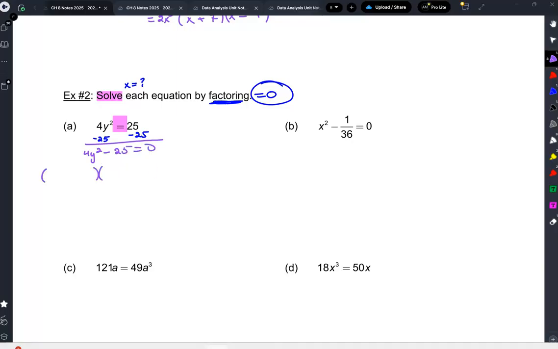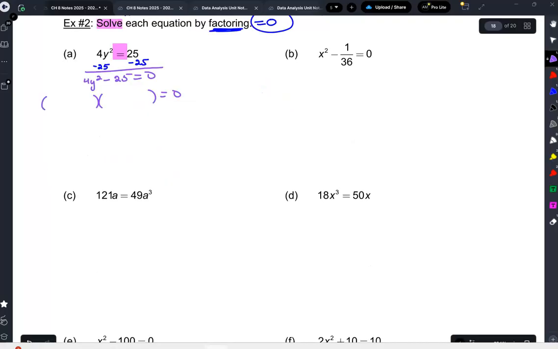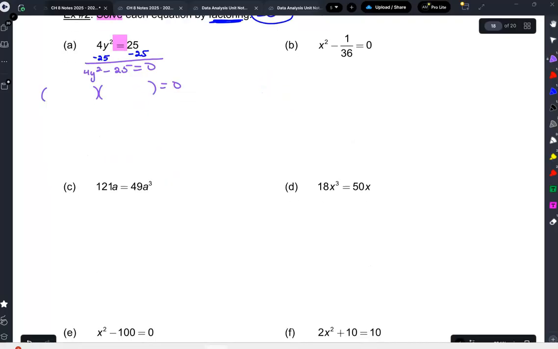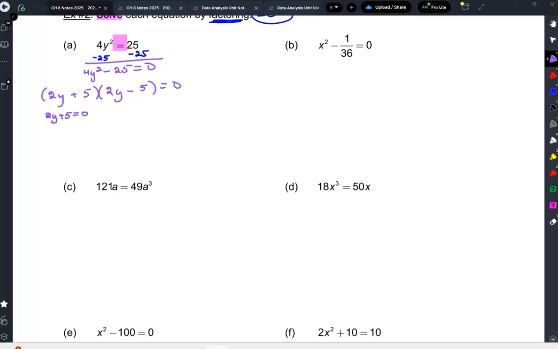Okay, let's factor. What's the square root of 4y squared? 2y, 2y. Square root of 25, 5 and 5, plus minus. Okay? So here we go. Let's solve this. 2y plus 5 equal to 0. 2y minus 5 equal to 0.